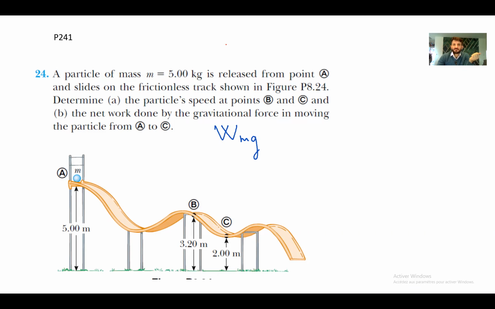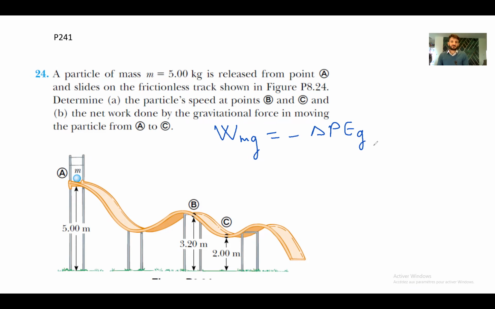We said omega mg and omega fs equal minus delta potential energy. You have to remember this relation.